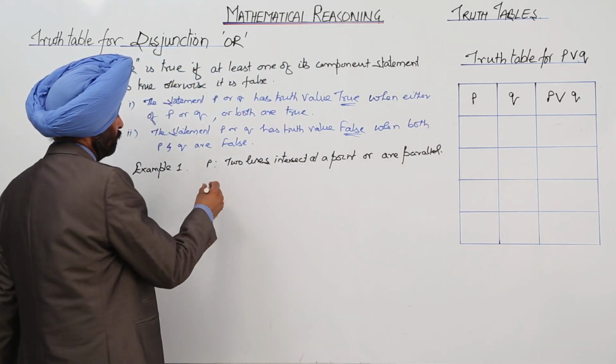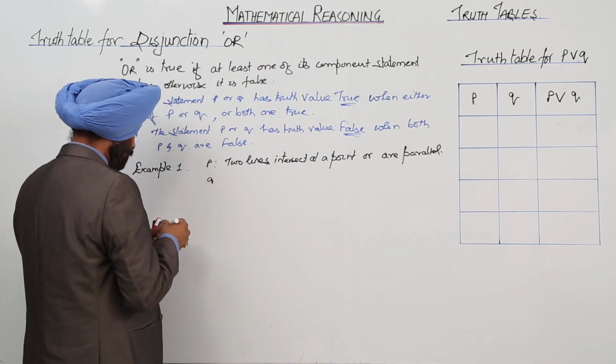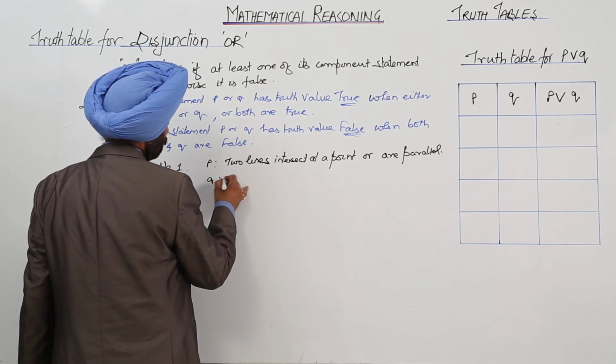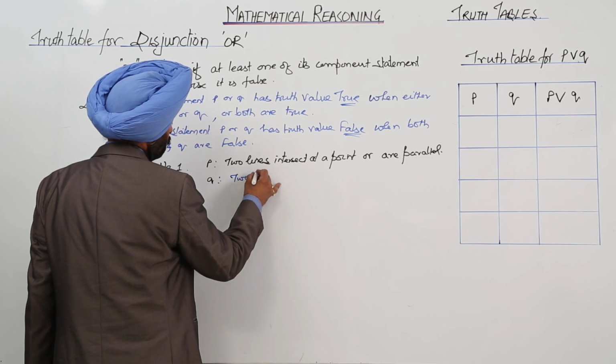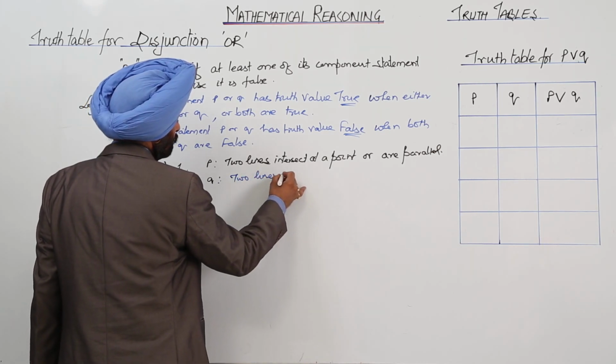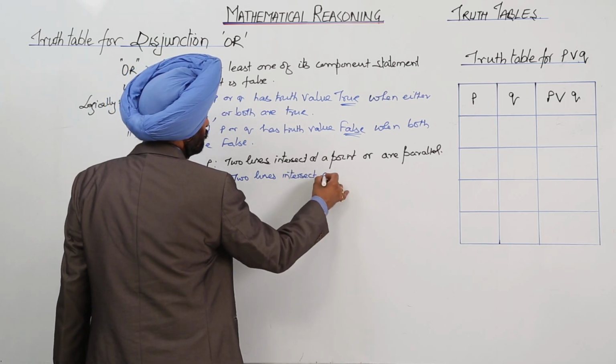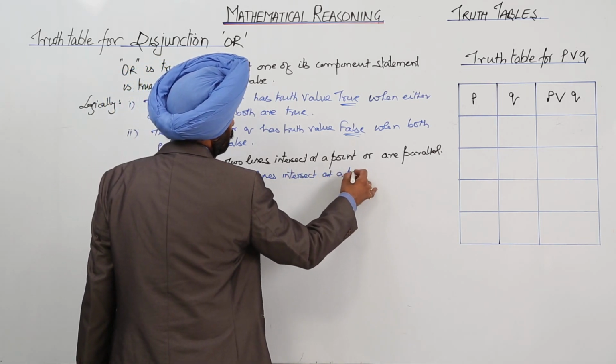Now let's check it. Now Q. What does Q say? Two lines intersect at a point.